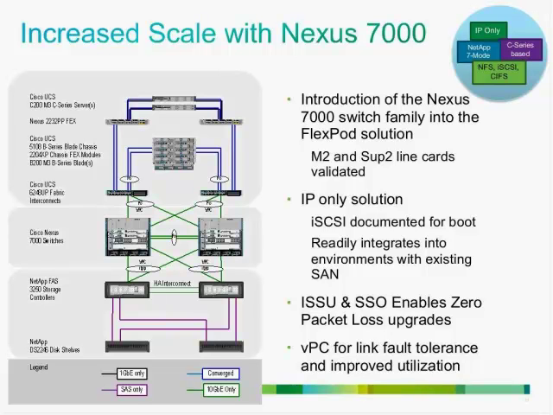The FAS controllers are configured very much the same. So essentially, you take out the Nexus 5000, drop in a Nexus 7000, configure it appropriately, and now you have additional functionality for your specific workloads.